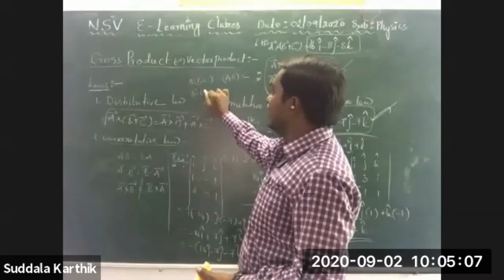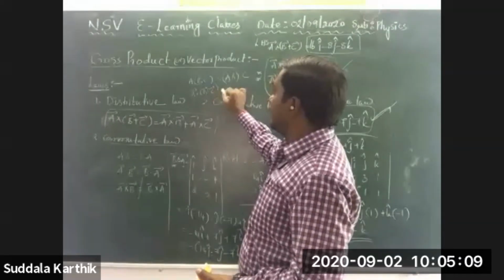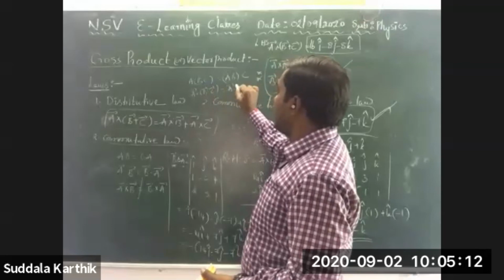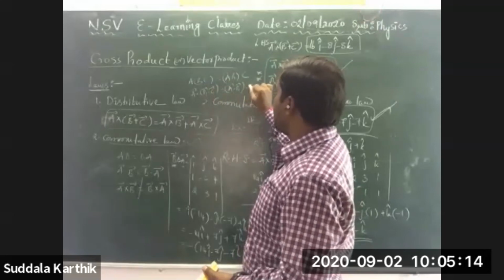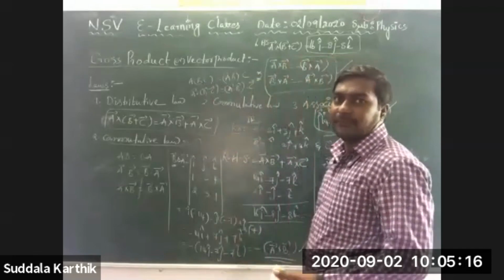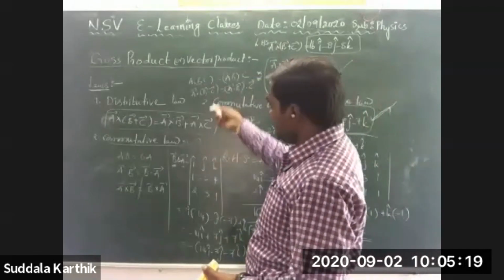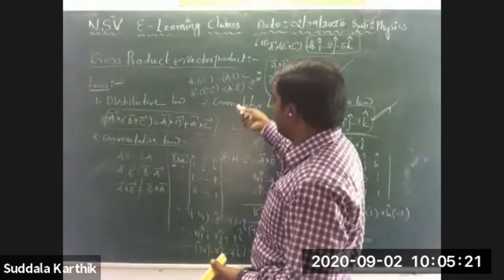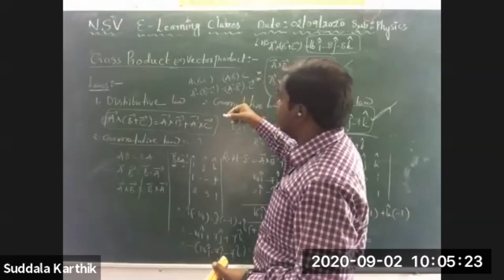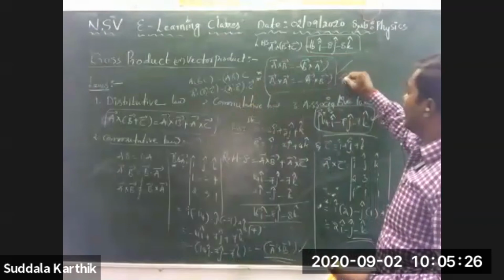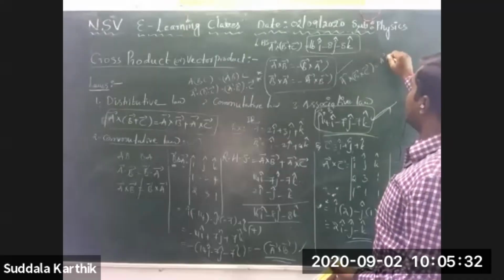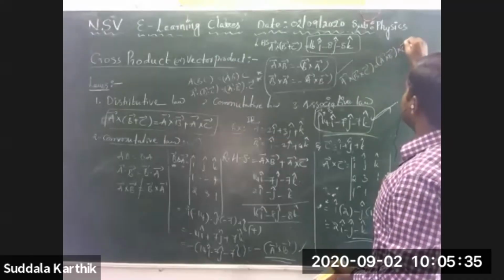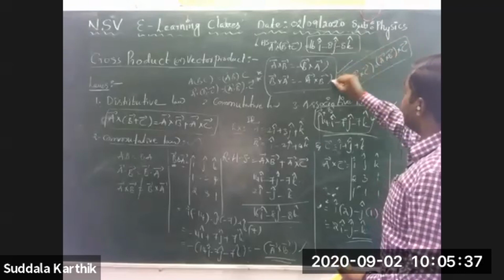Dot product: A bar dot B bar dot C bar is equal to A bar dot B bar dot C bar. Yes, it is obeying. But in the cross product, A bar cross B bar cross C bar is equal to A bar cross B bar cross C bar. Is it correct or not?